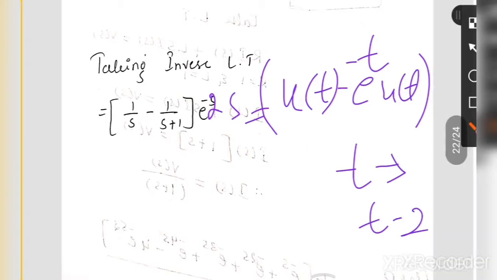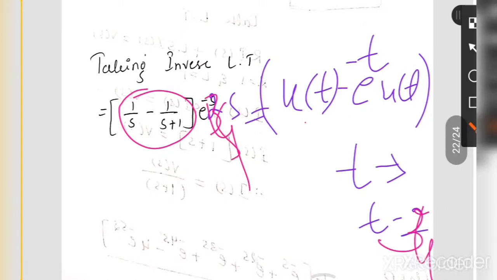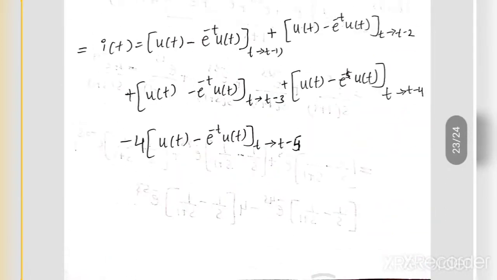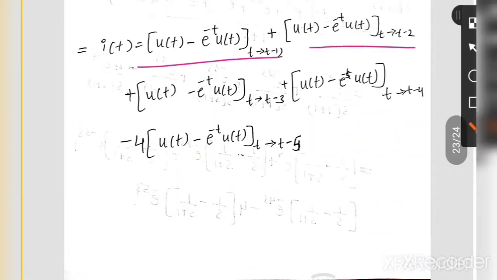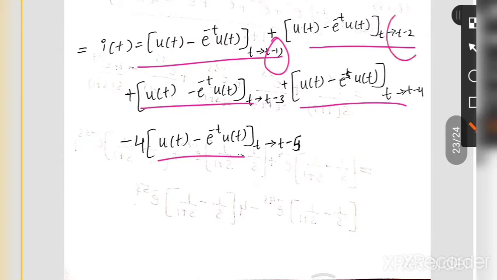If it is 3s, then t is t minus 3, and similarly for 4 and 5. Observe, all factors remain the same, only the delays are different: t minus 1, t minus 2, t minus 3, t minus 4 and t minus 5.